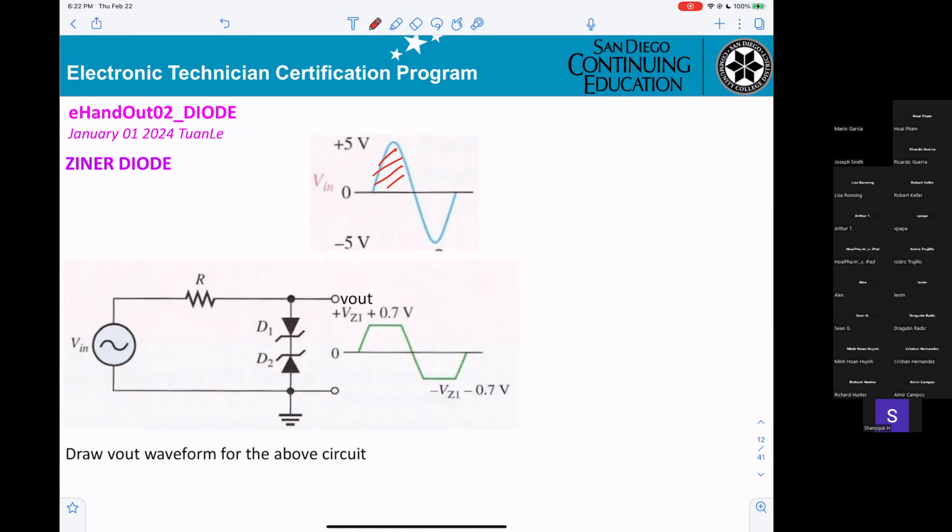And let's see, draw the output waveform for this circuit, okay.